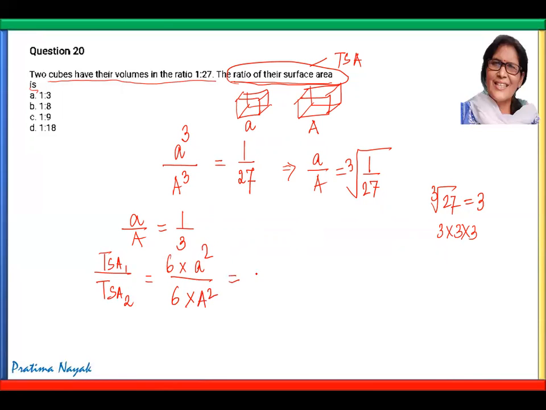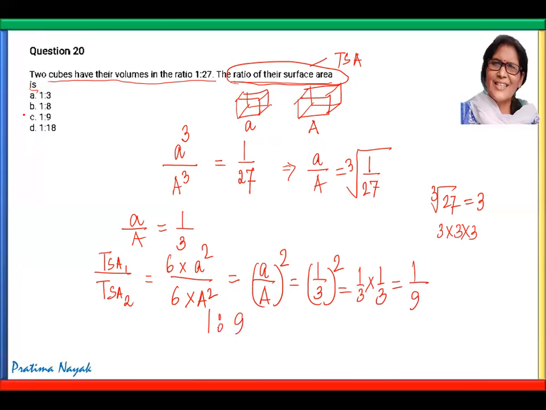So 6 cancelled. This will be a by A whole square. So it will be 1 by 3 square, which is 1 by 3 into 1 by 3. It will be 1 by 9. So the answer is 1 is to 9. C is the answer.